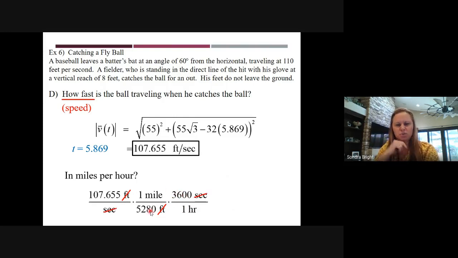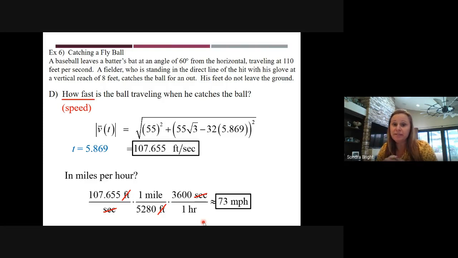But you could do those as 2 fractions if you wanted to. So you're going to go 107.655 times 3,600 and then divided by 5280, which will give you, to 3 decimals, 73.402 miles per hour. And we round it to the nearest mile per hour. So that's how fast the ball is going.